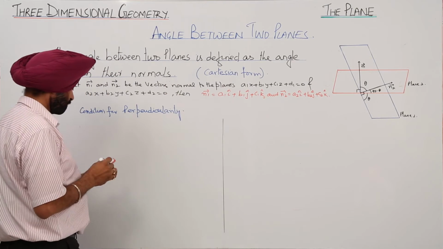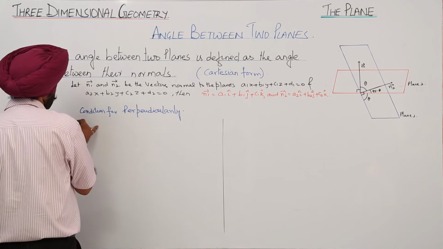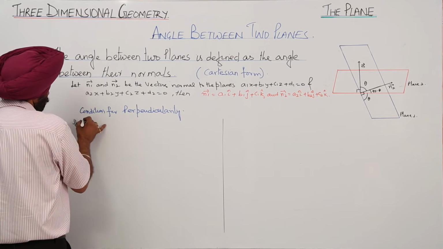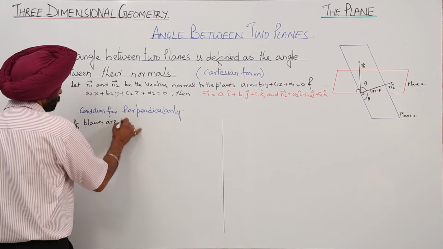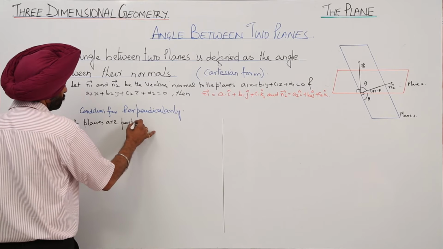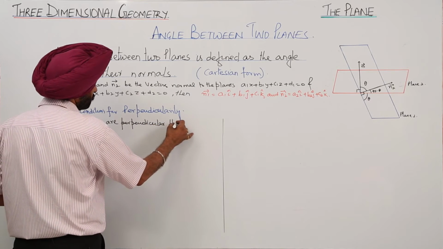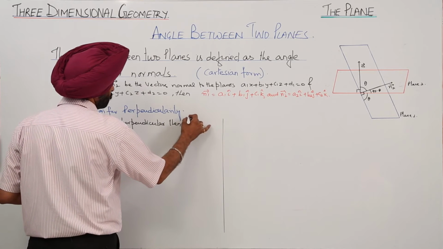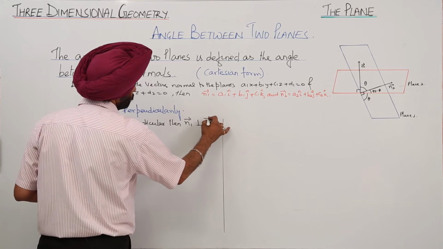Now if planes are perpendicular, then vector n1 is also perpendicular to vector n2.